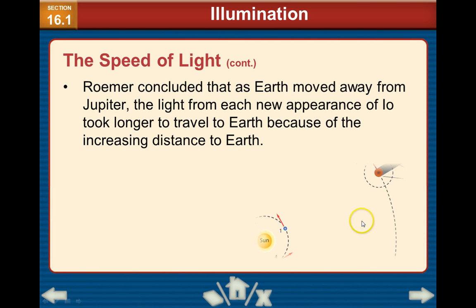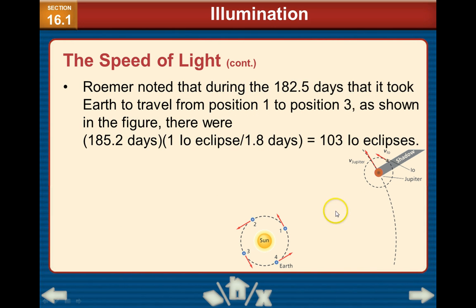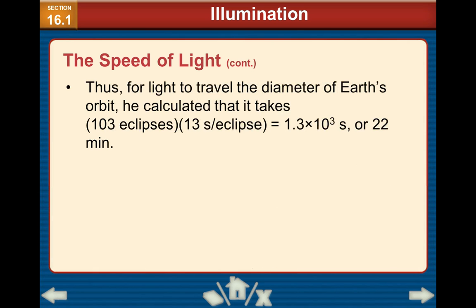Came up with the idea that all in all, then, light takes about 22 minutes to pass through our orbit, based on how the timing shows up going one direction versus the other. Did some calculations and figured out that it takes about 22 minutes for light to travel the diameter of Earth's orbit.